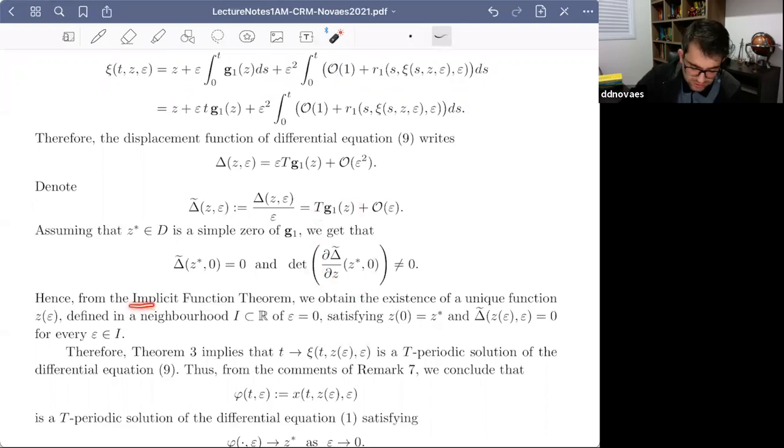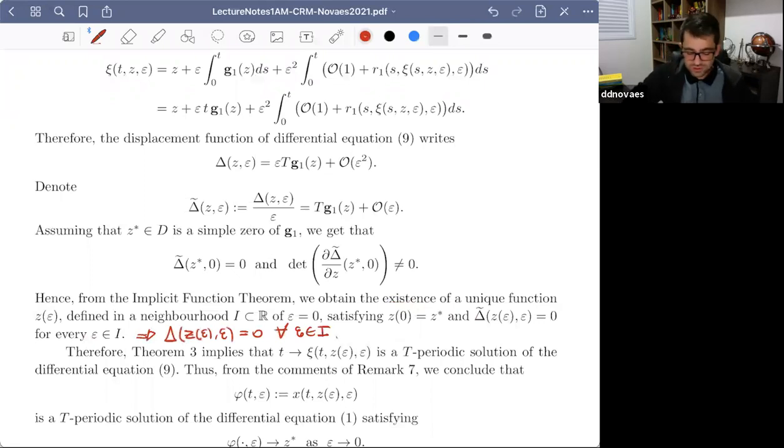Then we can use the implicit function theorem to obtain the existence of a unique function z epsilon defined in a neighborhood I of epsilon equals 0, satisfying z of 0 equals z star and delta tilde of z epsilon equals 0 for every epsilon in I. This implies also that the displacement function applied in z epsilon is equal to 0 for every epsilon in I.